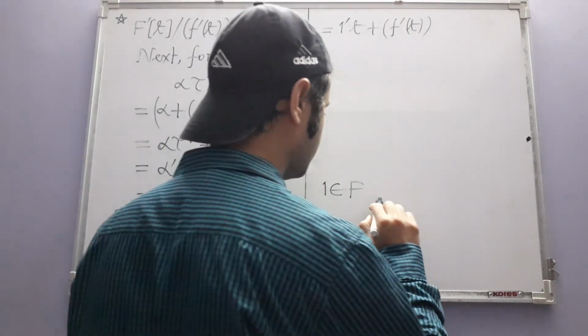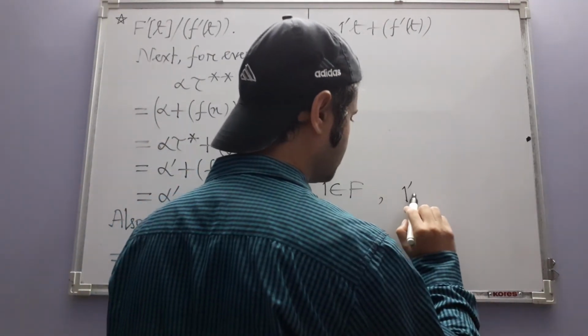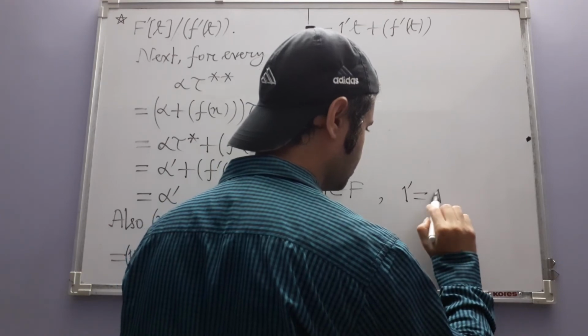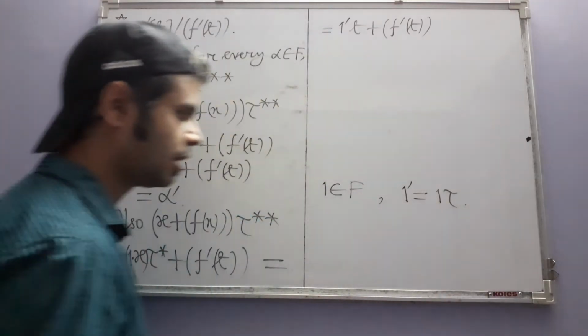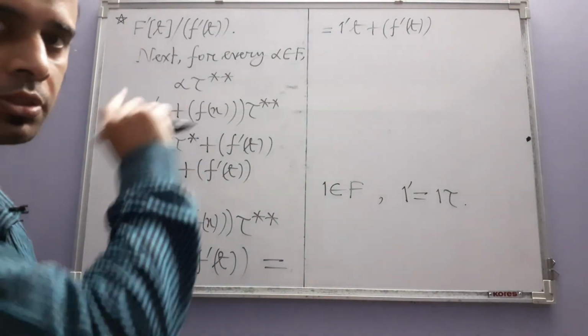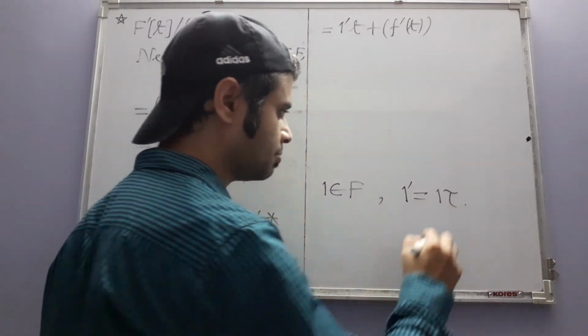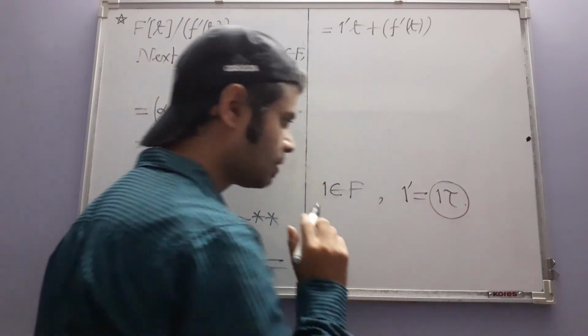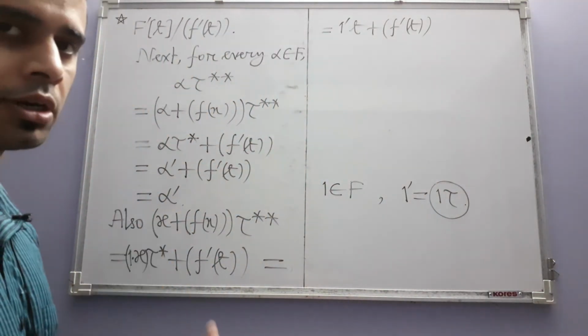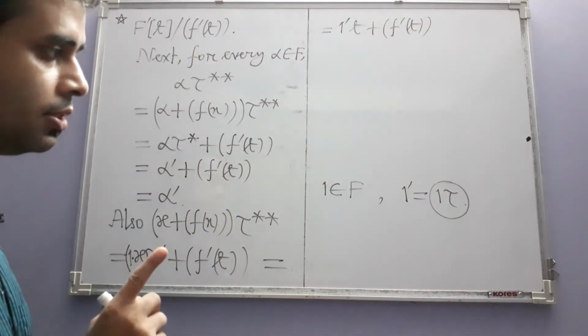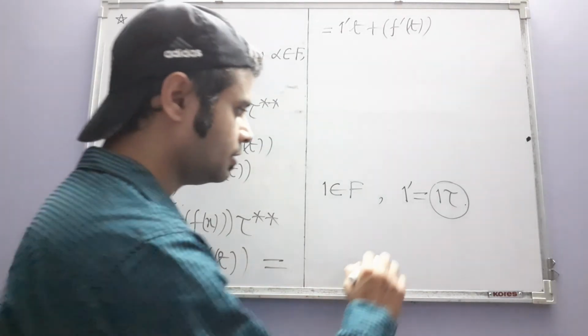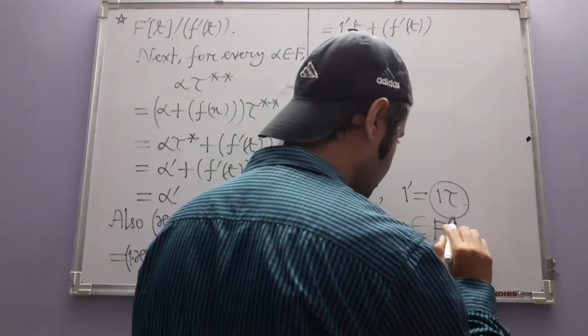You see, 1 is the multiplicative identity in the field F, and 1 prime by its definition is the image of 1 under that original isomorphism tau. However, because tau is a field isomorphism, this 1 tau, which we are calling 1 prime, actually has to be the multiplicative identity in the field F prime.